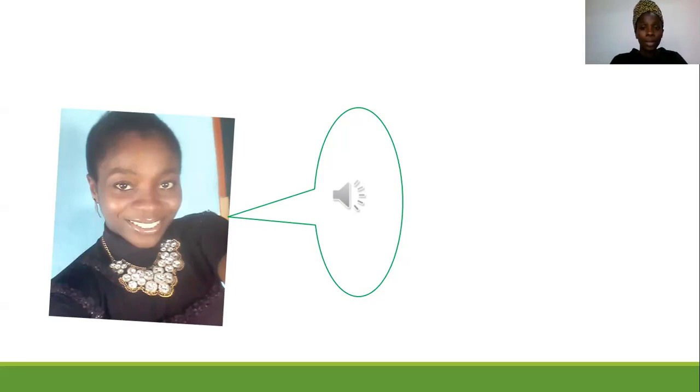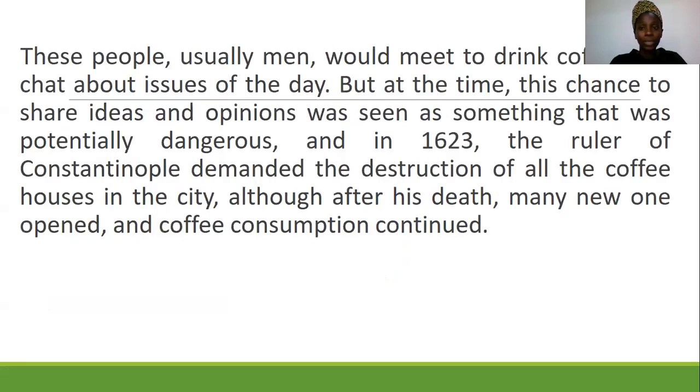And that is the end of the audio. So this is what the script looks like when you look at what was just played to you to listen to once.